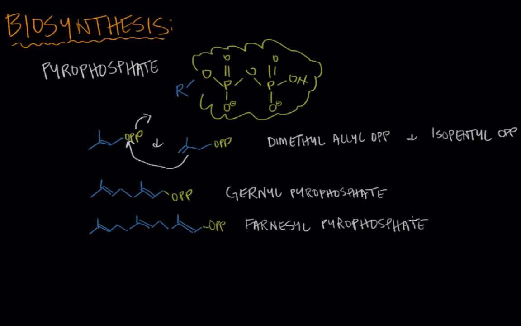Then as these chemical reactions continue, our body eventually produces a triterpene, or if you remember, that's a 30-carbon molecule made of 6 isoprene units, and that triterpene is called squalene. Let me draw that in.